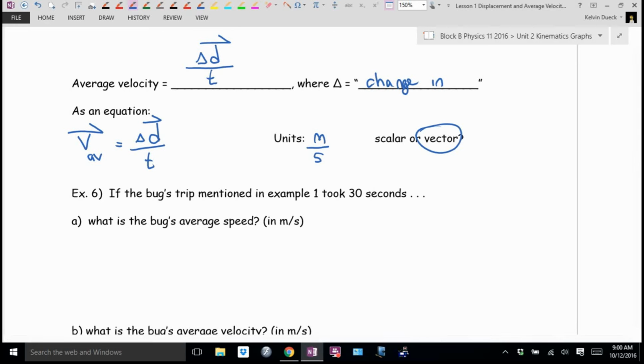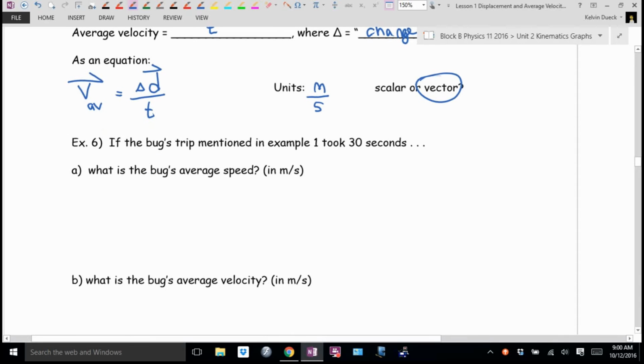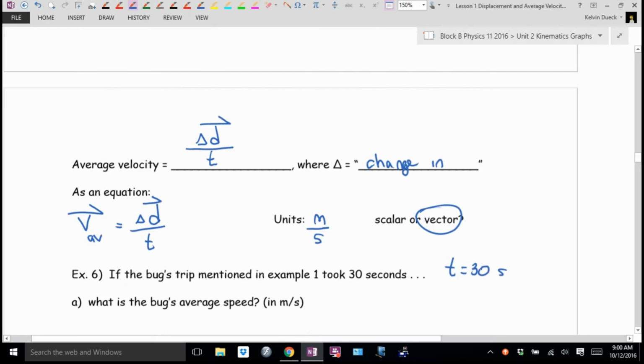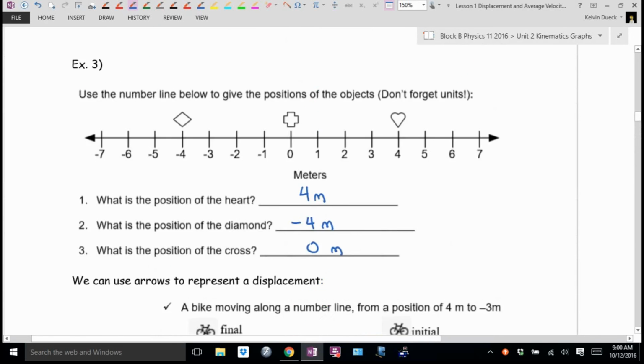So let's start to apply some of this. If the bug's trip mentioned in example 1 took 30 seconds, so if time equals 30 seconds, let's write that down. And from example 1, I'm going to scroll back.